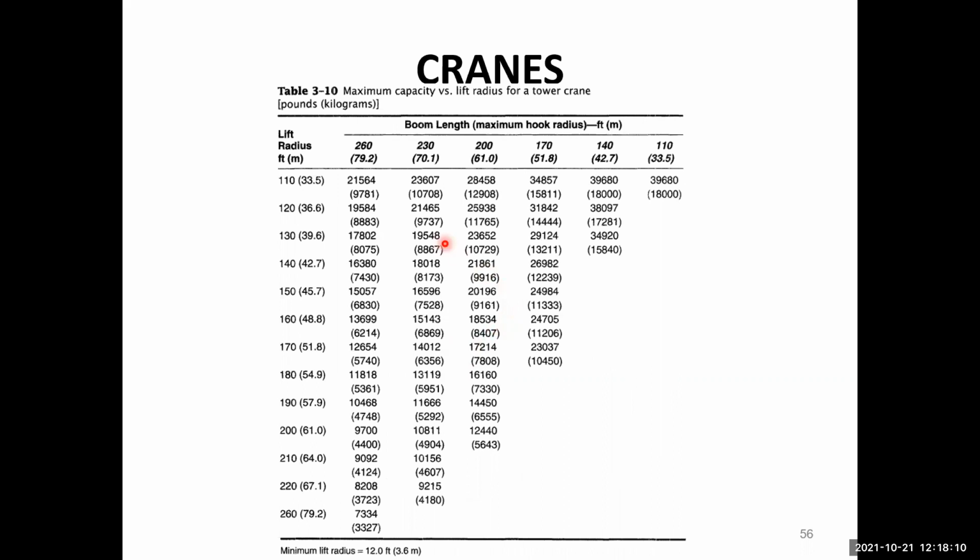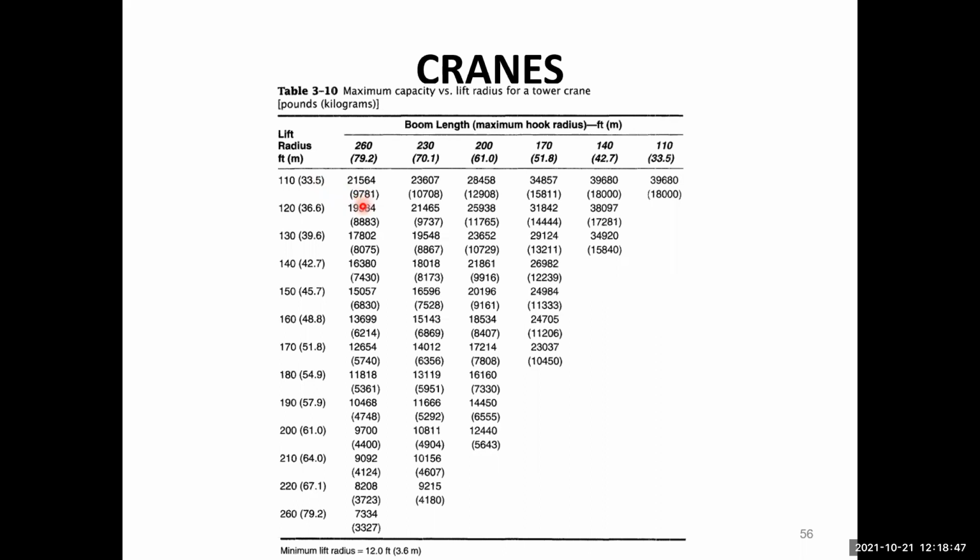From this table, we can see that if the lifting radius is 33.5 meters, and the boom length in feet and meters is about 79.2 meters, then this machine can lift a load of 9,781 kilograms. This is for a relatively smaller radius and smaller boom crane.